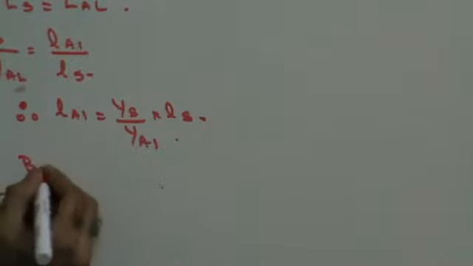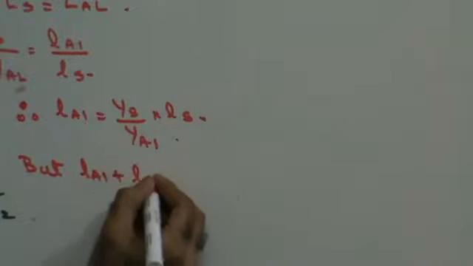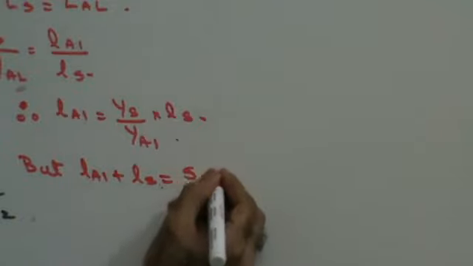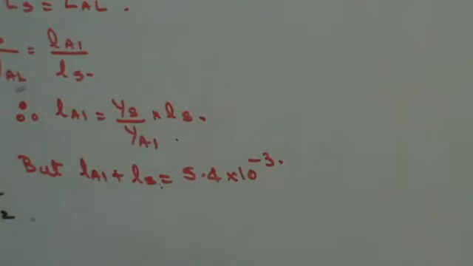But they have given you that the composite length has increased by 5.4 millimeters, right? That means extension of aluminium plus extension of steel is 5.4 millimeters, converted into meters is 10 raised to minus 3.